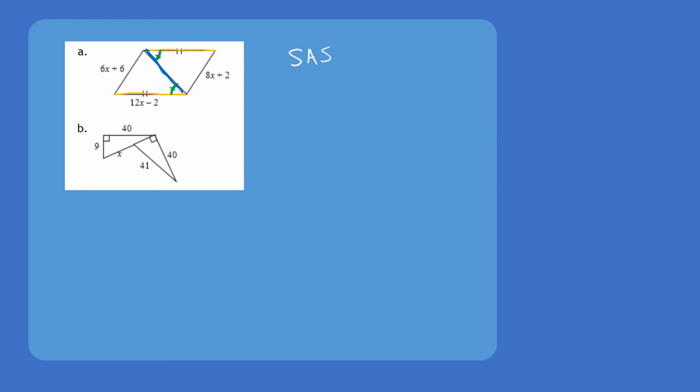Now, these two sides here don't have tick marks at all, but because these triangles are congruent by side, angle, side, all pairs of corresponding sides have to be equal in length. So this side labeled 6 times x plus 6 has to be the same size as the side labeled 8x plus 2.